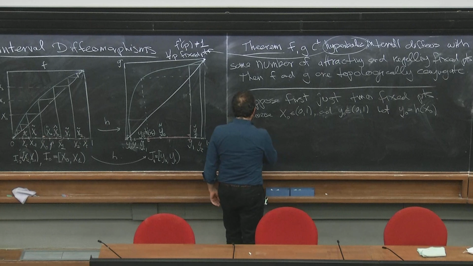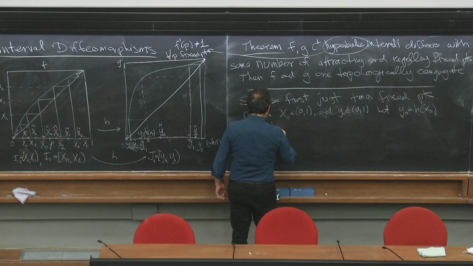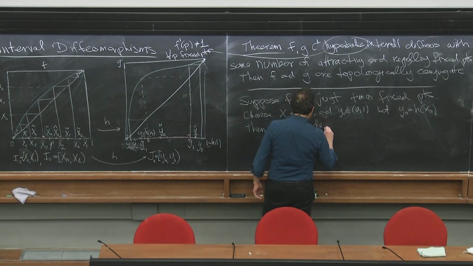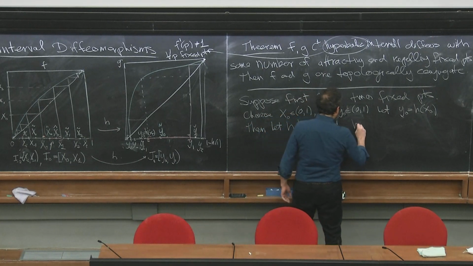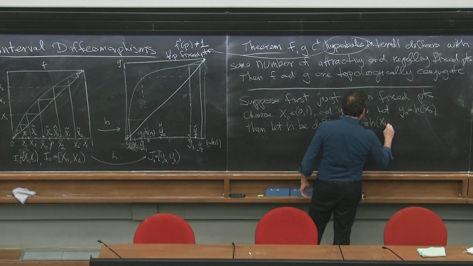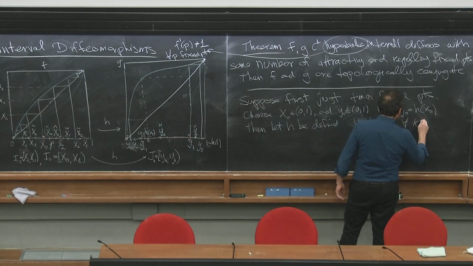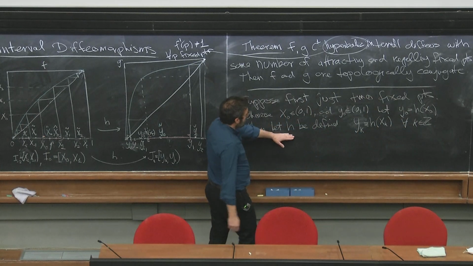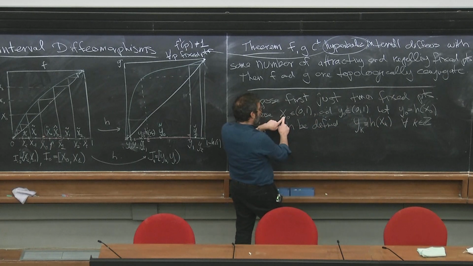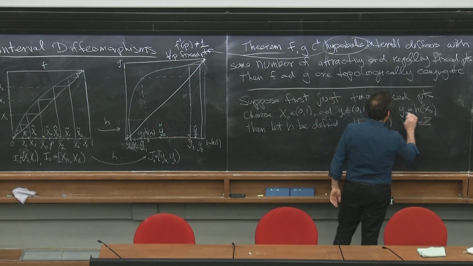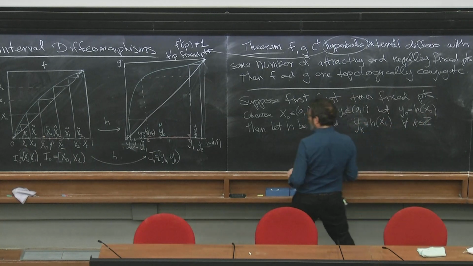And then we let h be defined by yk is equal to h of xk for all k in Z. So this is a definition of h. We choose x0 and y0, and then we define h in certain points such that it maps x0 to y0 and the whole orbit here.